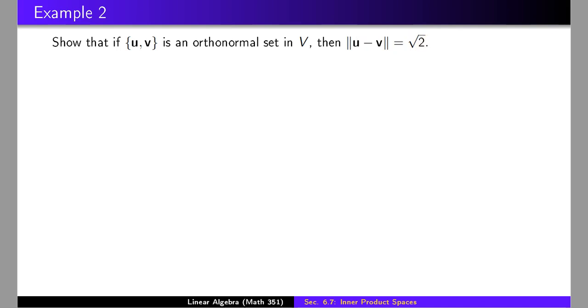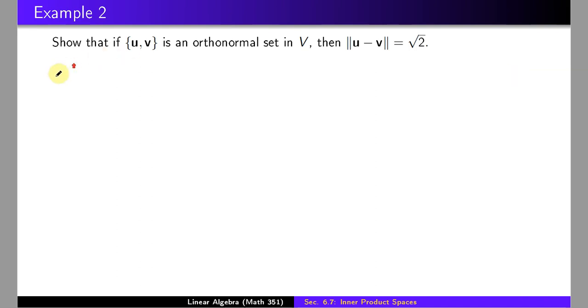This is kind of a strange property because this is for a general vector space. And not only that, we don't even say specifically what the inner product is. But it always turns out that the distance between these two vectors under the induced norm is always going to be the square root of 2.